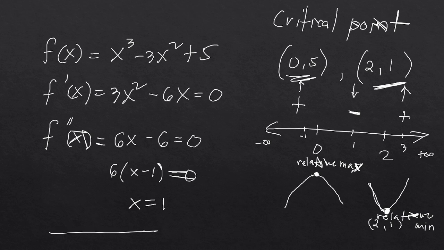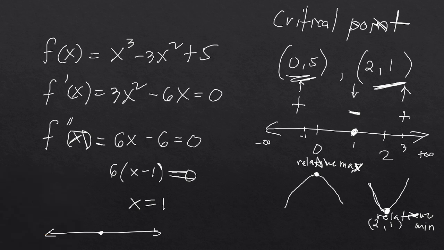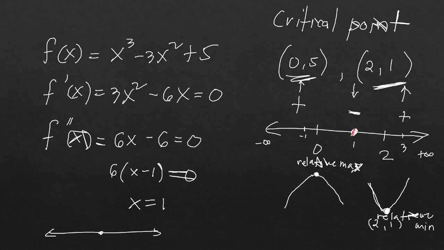So if you plot this in the Cartesian plane, or even here, you can use it here. Okay, let's use red. If we plot this point, this value is the one that we are going to use in determining in what interval your function is concave up or concave down.